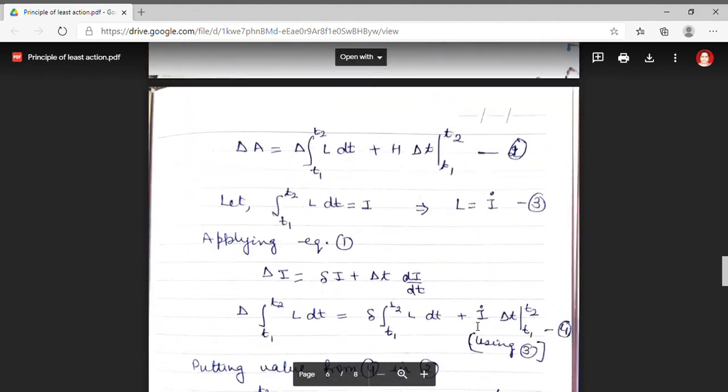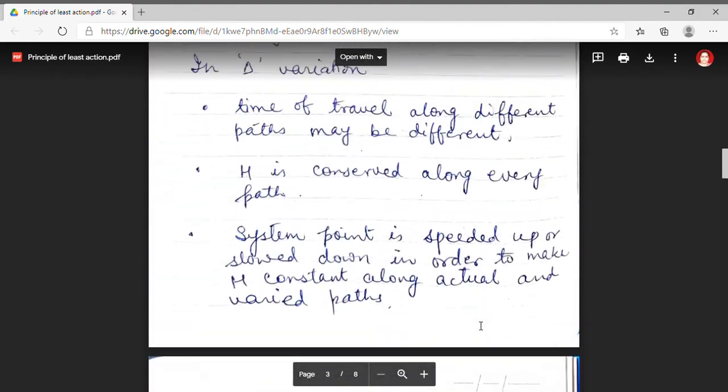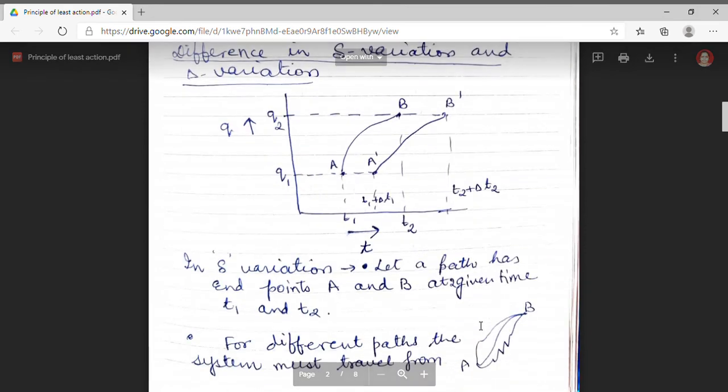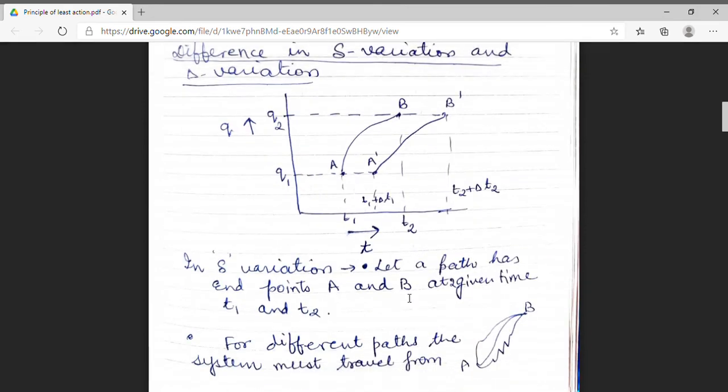So in order to understand this principle, we must know the very difference between these two types of variation, which is very important.